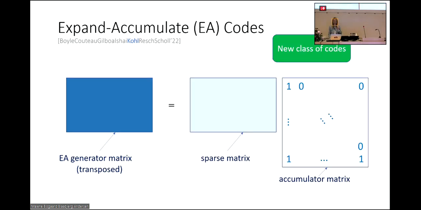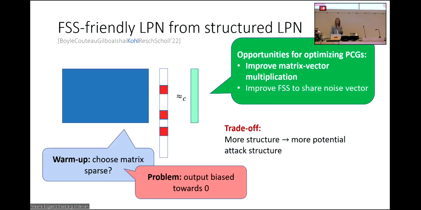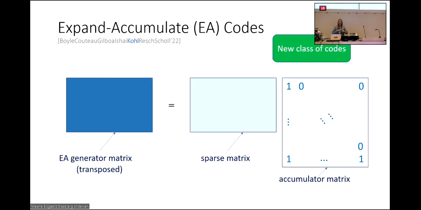Then that's not convincing. And so what we did, the easiest thing you can do, is we take a sparse matrix, actually a quite sparse matrix, and then we accumulate it. So what happens when you accumulate it? If you look at the first row here, let's say this is a very, very sparse matrix.